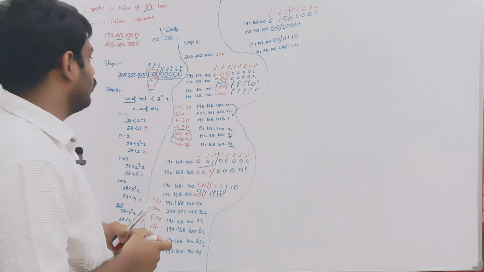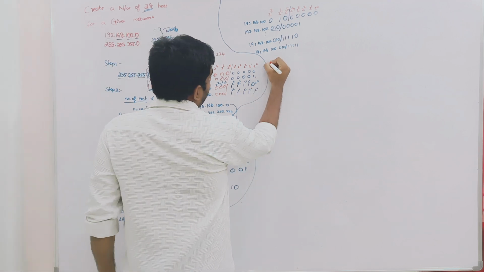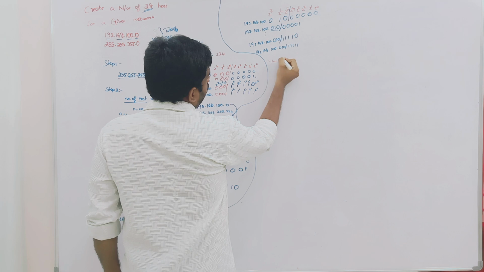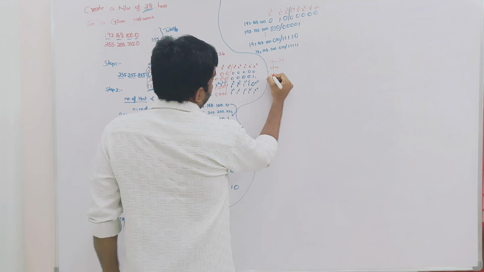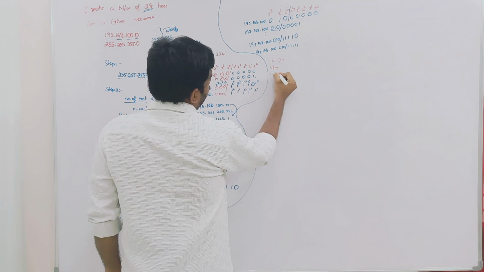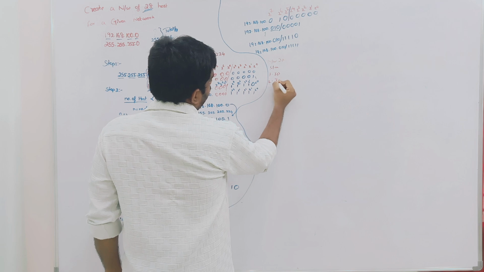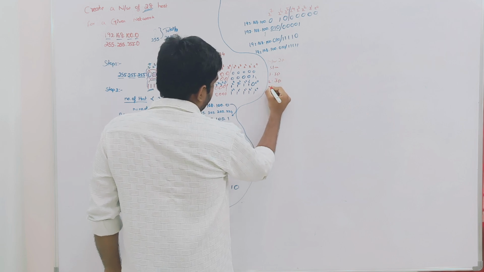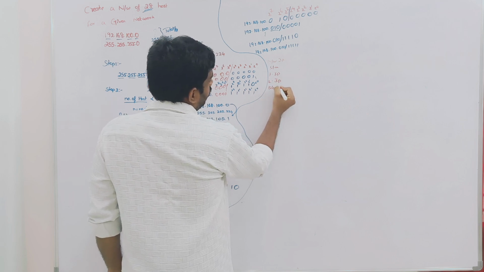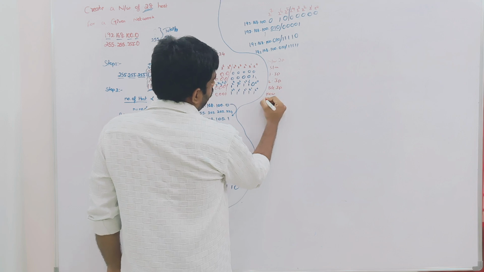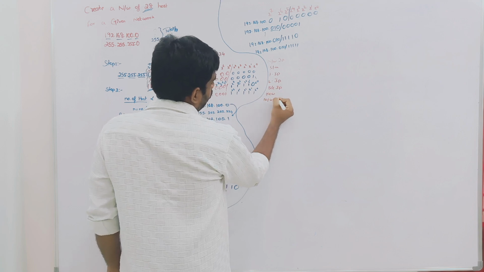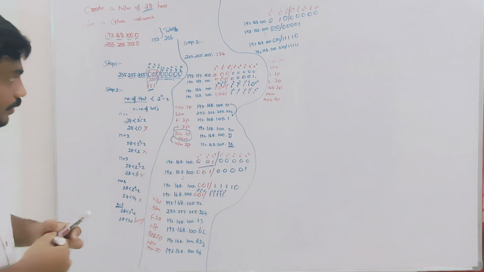Now again you have to write the network IP, subnet mask, and first IP, last IP, and then you finally write broadcast IP, new network IP. So what is our network IP?